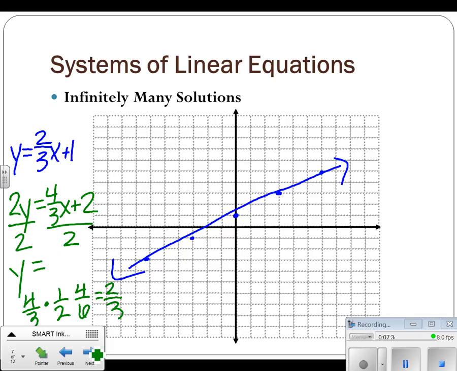So it's the same slope, 2/3, and 2 divided by 2 gives me 1, so it's the same line.